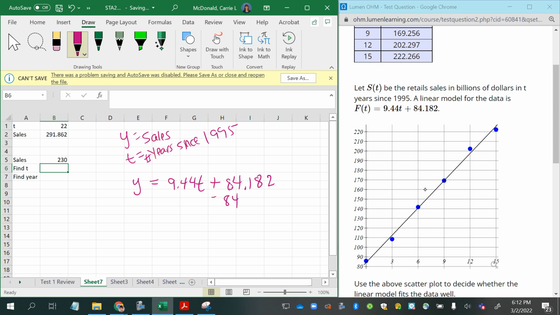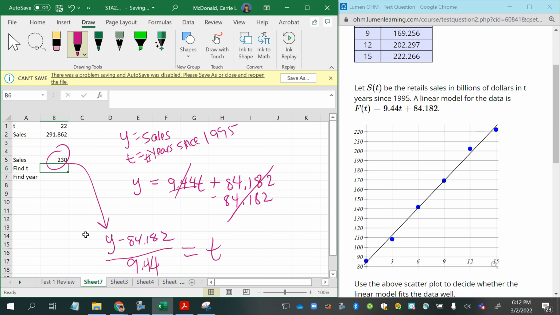Subtract 84.182 from both sides. So then we have y minus 84.182. And then we're also going to want to divide both sides by 9.44 to leave t all by itself. So now I can just plug in the 230 where the y is and get the number of years.